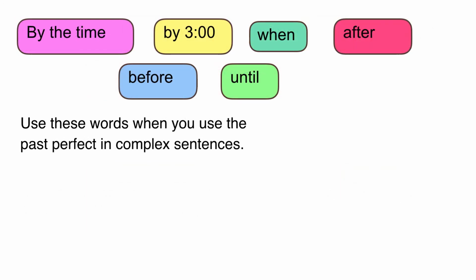We can also talk about the past before the past using the past perfect. When we do this, we often use a complex sentence. That's a sentence with two clauses. These are some common words we use when we write sentences with the past perfect.